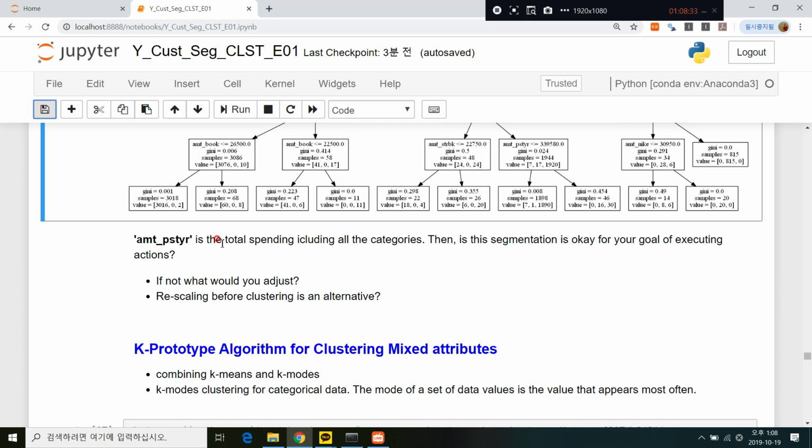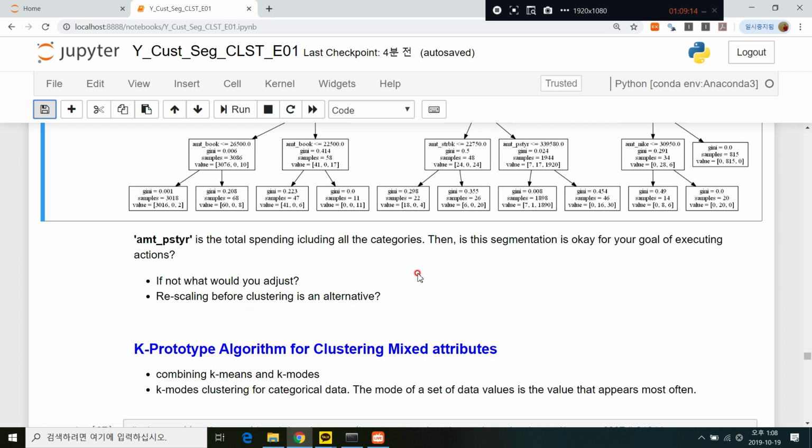One possible solution is to rescale before clustering, or maybe you can exclude from the data set the amount past year that represents the total amount. It depends on you, and it's time for you to study or discuss with other people to decide what to do.